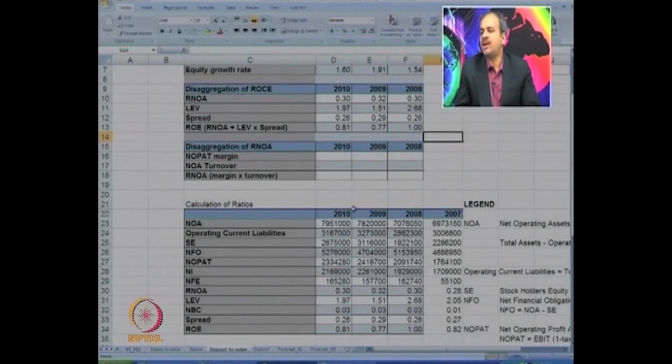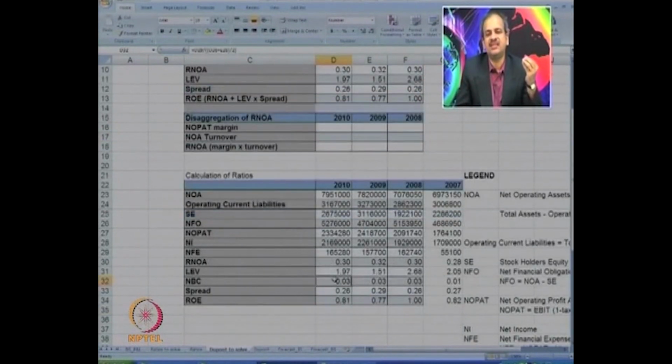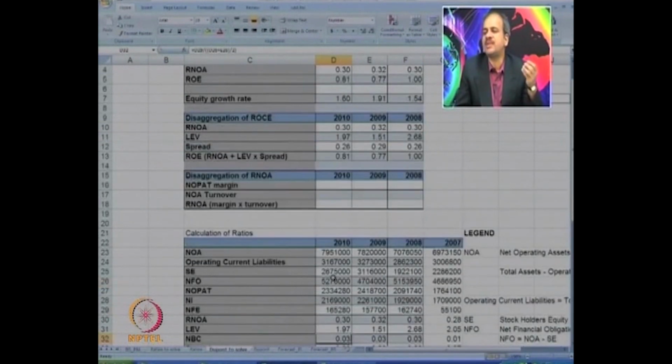Okay. So, what it tries to tell is that the overall return on assets is 0.30, or about 30%. The amount which is paid to debt holders is very negligible. You can see this NBC, that is the money paid on the borrowed funds, which is just 3%.